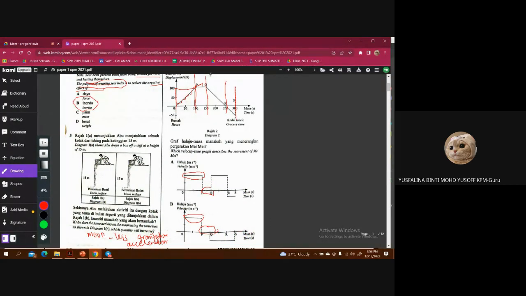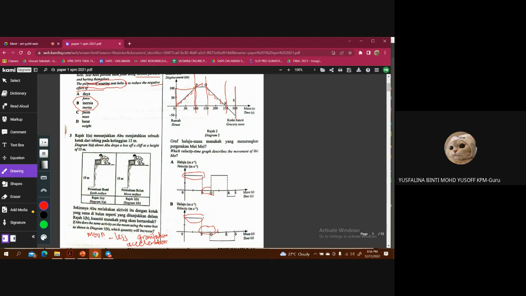Okay, now we go to Q and R. So we draw the triangle. I draw the triangle, and the triangles are the same, right? The gradient is the same. But then, what is the different thing here? For Q and R, it is a constant velocity, but negative.